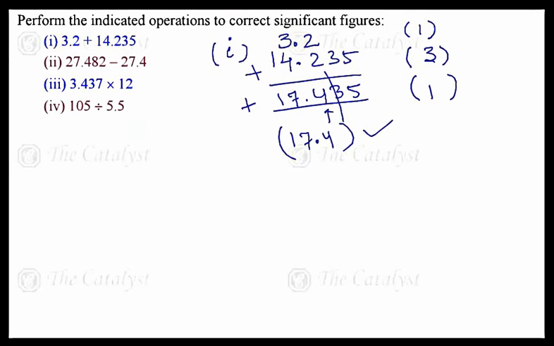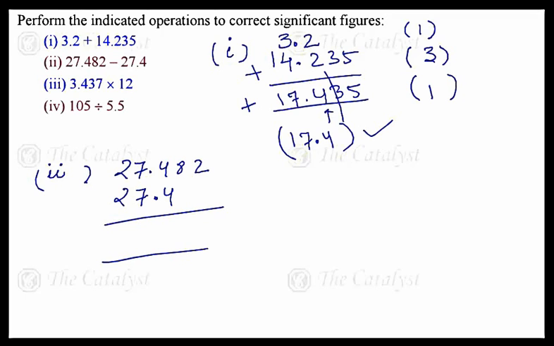Now in the second problem, 27.482 is to be subtracted with 27.4. The number of significant digits after the decimal place in this problem is 3, and in this it is 1.